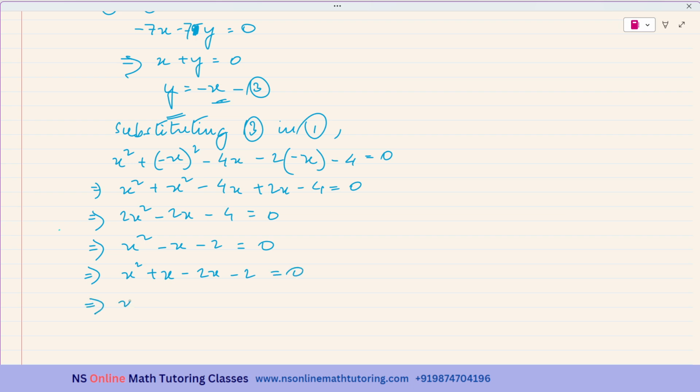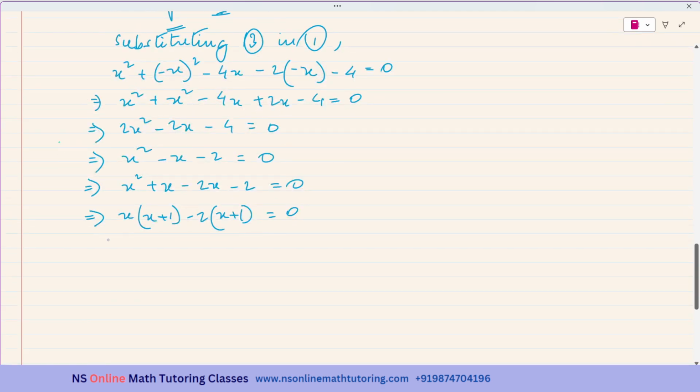So x plus 1 and x minus 2 equal to 0. Therefore, x plus 1 times x minus 2 equal to 0. Therefore, x equal to -1 or x equal to +2.